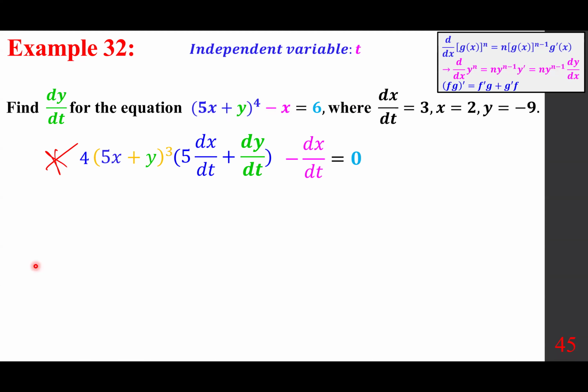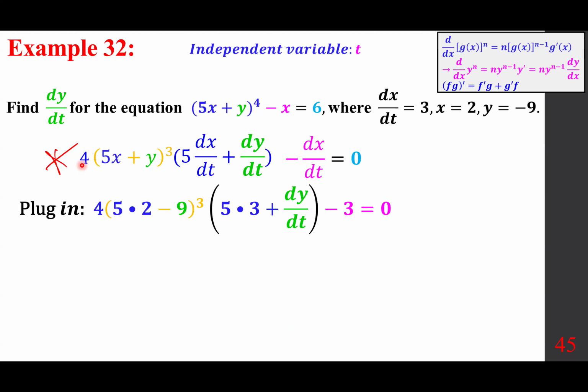Calculus. Algebra, plug in. This time I'm going to just plug in. The point being, there's a lot of algebraic steps, but not a lot of calculus steps. So we plug in those numbers, meaning 4 times (5 times 2 plus y, which is negative 9) cubed.